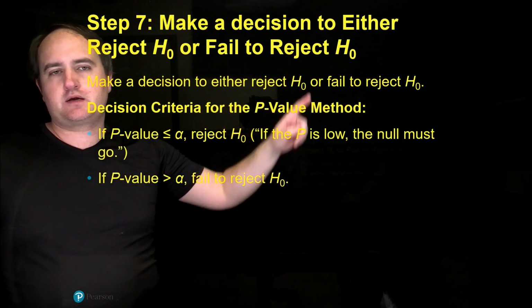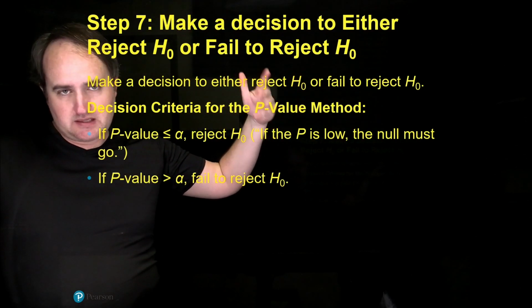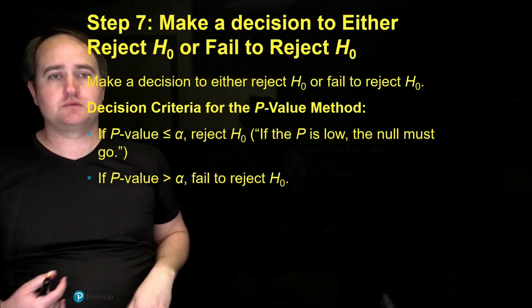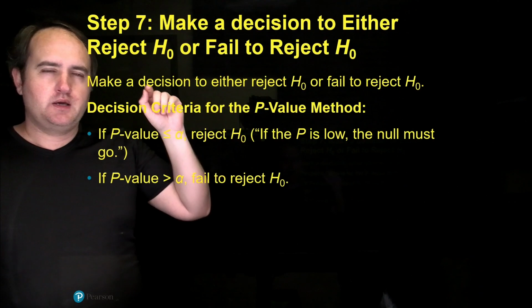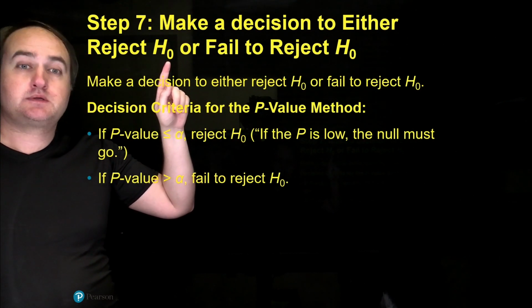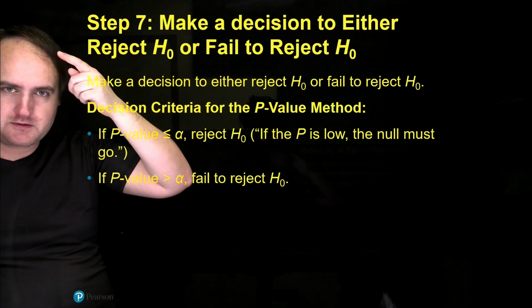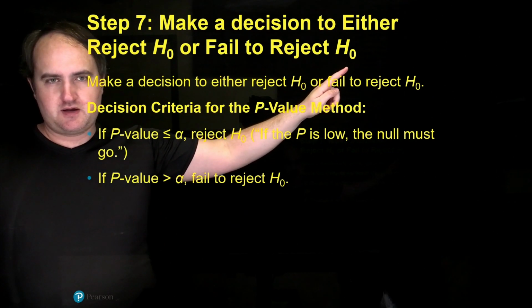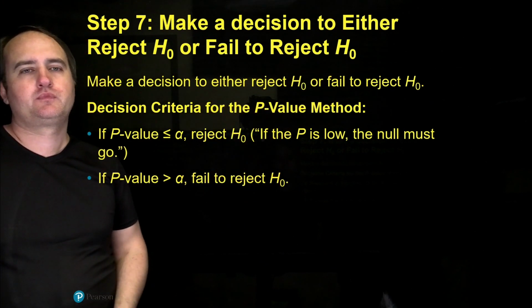So fail to reject confuses people, the wording of it, but think of fail to reject as a double negative. So it's sort of like the two negatives cancel in a way. So basically, if you reject your null hypothesis, that means the data is supporting the other hypothesis, so your alternative hypothesis. But if you don't reject H naught, then you don't have enough data to support your claim.